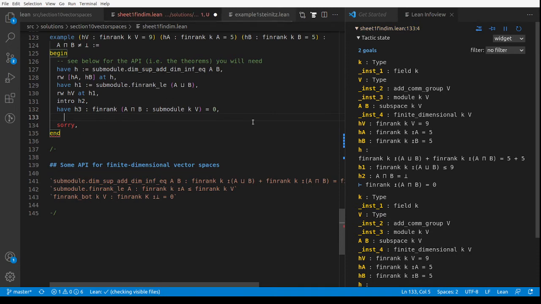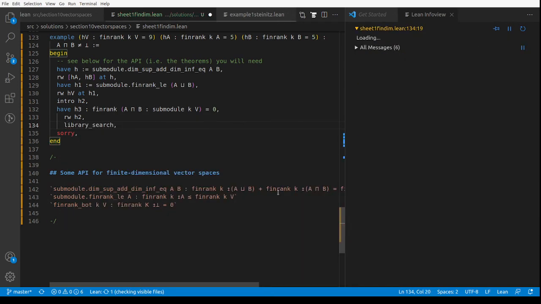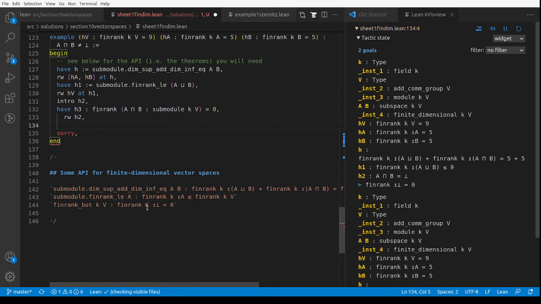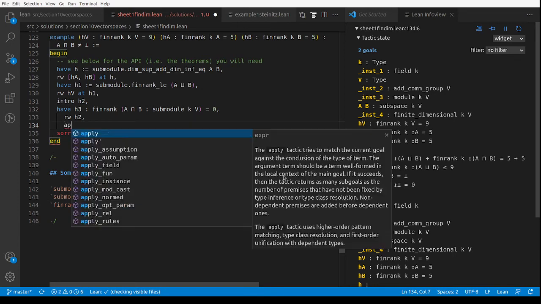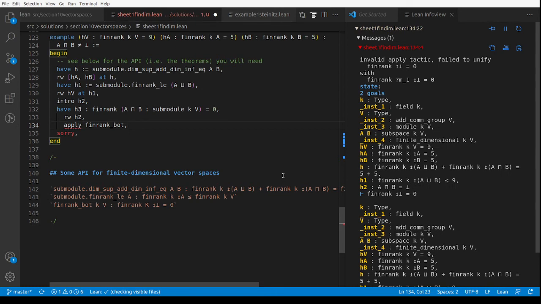And I'm hoping that if I just rewrite H2, now this says the fin rank of bot is 0, and library search will find it. What is the theorem about fin rank of bot going to be called? It's going to be called fin rank bot, right? There it is. Oh, hard luck. Fin rank bot, do I need to feed it? I'll tell it K. Will that make you happy?